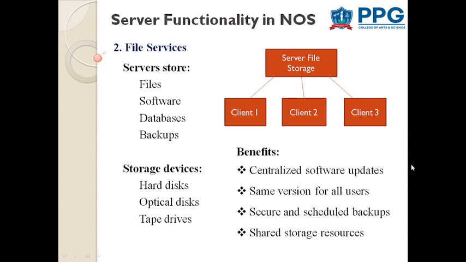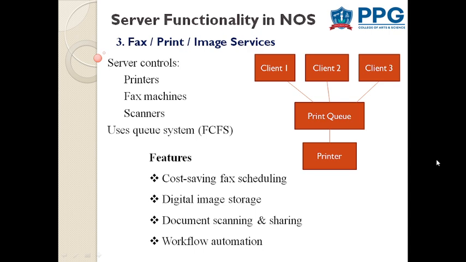The main advantages are centralized software update and the same versions for all the users. This reduces duplication and improves data consistency. Backup can be managed efficiently. And then shared storage resources. These are some of the benefits of file services.